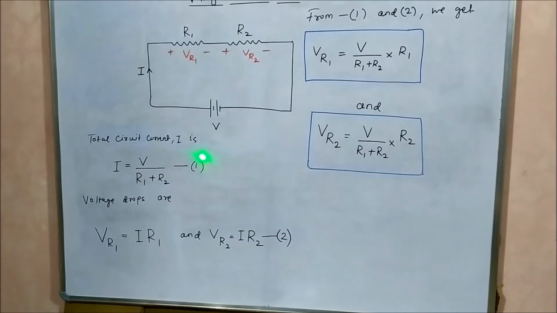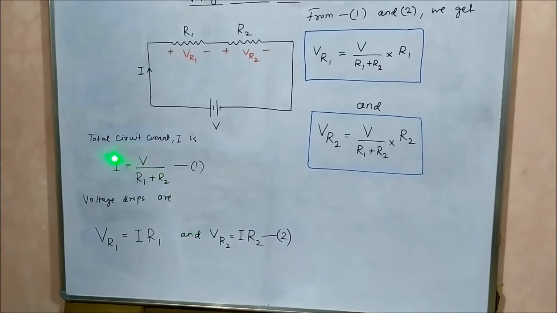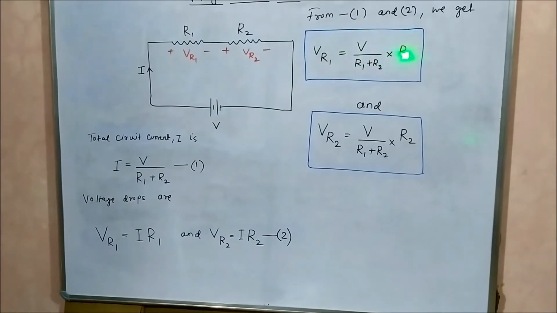Now, if you put equation 1 in equation number 2, we can get the expression of the voltage division rule. We have to substitute the value of I, that is V by R1 plus R2, in these expressions, VR1 is IR1 and VR2 is IR2. So VR1 is equal to V by R1 plus R2 into R1, and VR2 is equal to V by R1 plus R2 into R2.